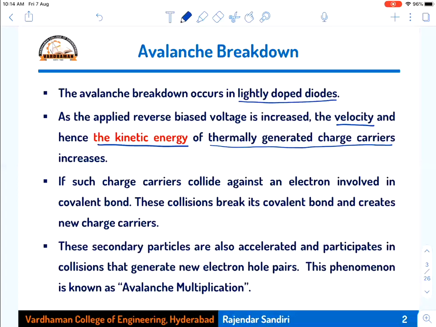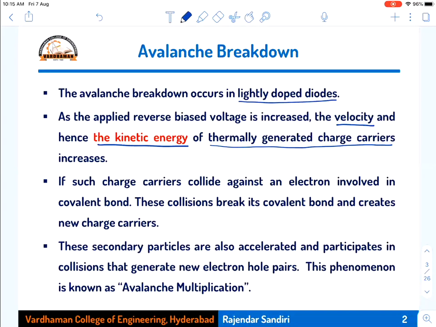Those free electrons acquire velocity and kinetic energy. Thus, they go and collide with the electrons involved in the covalent bond. Then that covalent bond breaks, and the electron comes out of that covalent bond and becomes a free electron. We call it a newly created charge carrier, and they are also called secondary particles.